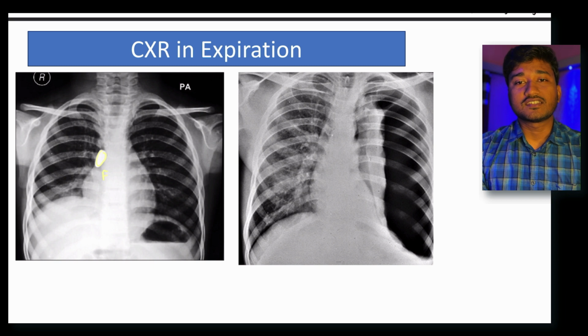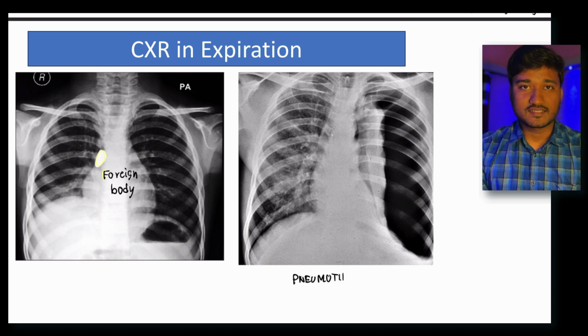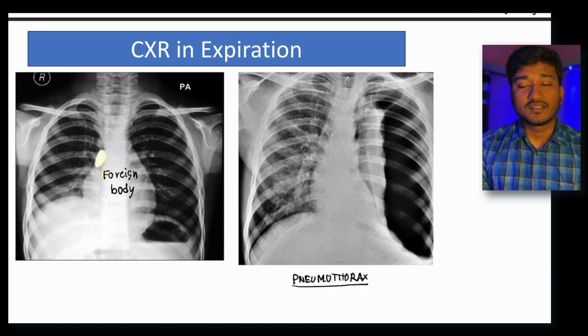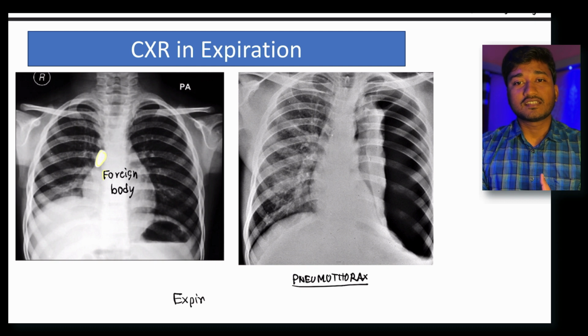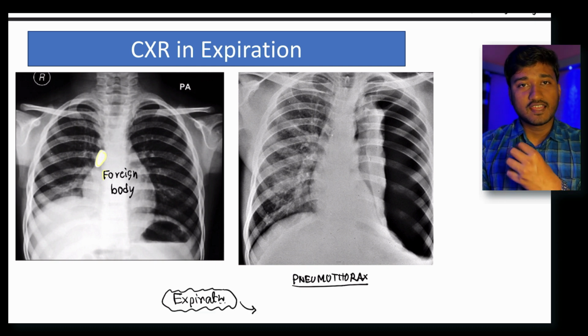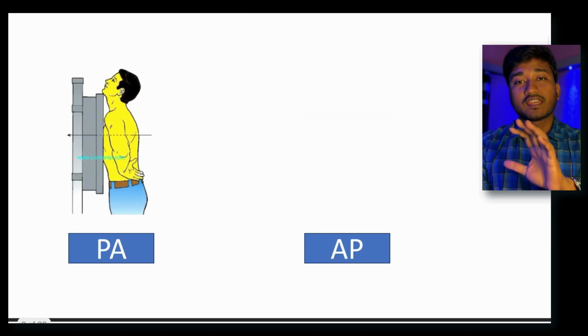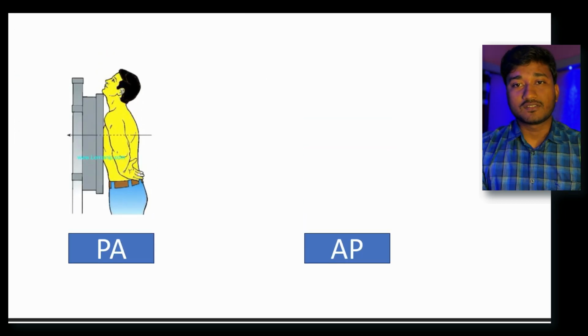So the chest X-ray is done in expiration in foreign body aspiration, as well as in pneumothorax. Because in expiration the lung volume decreases, and as there is a decrease in the lung volume, in a few conditions we can have better visibility of the pathology.